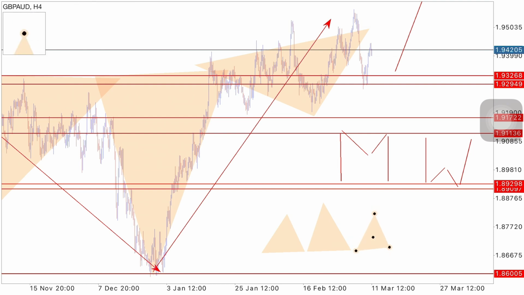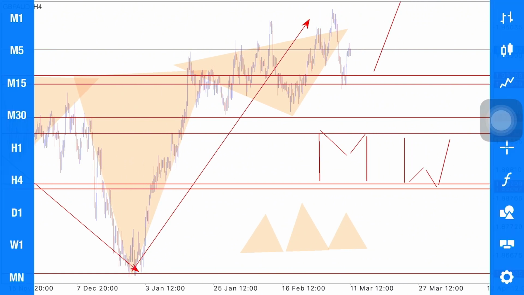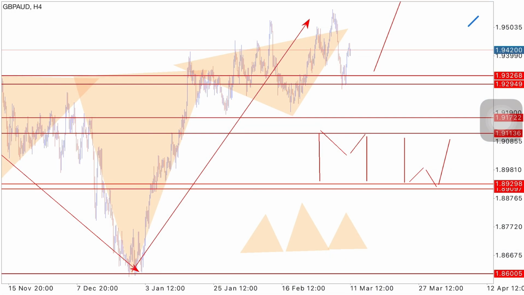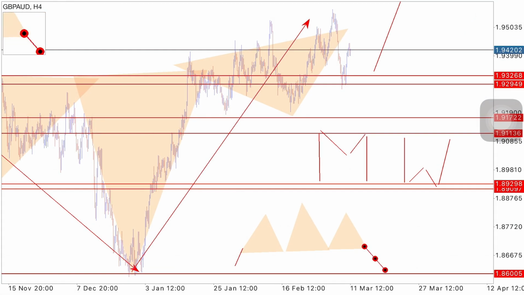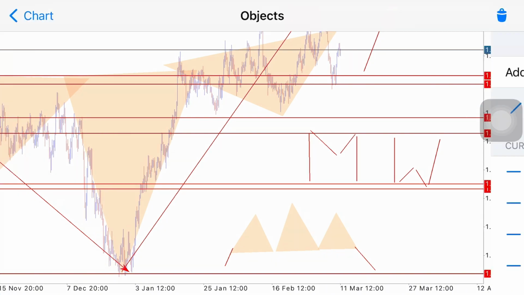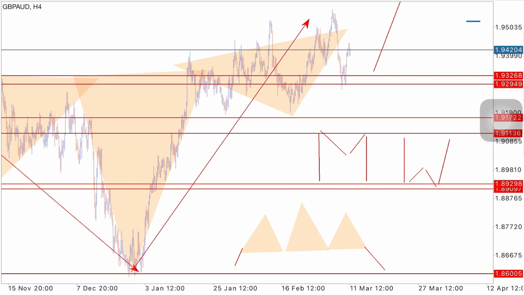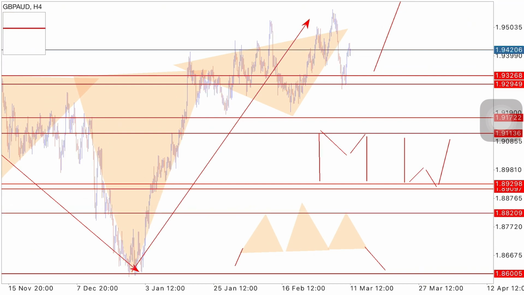So from here we can tell that we have a beautiful head and shoulders, whereby the market will range in this type of form and here like this. So this is an indicative head and shoulders, whereas an inverse head and shoulders is in this type of form.